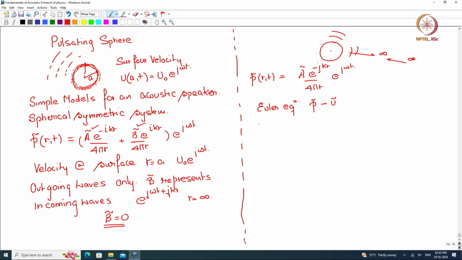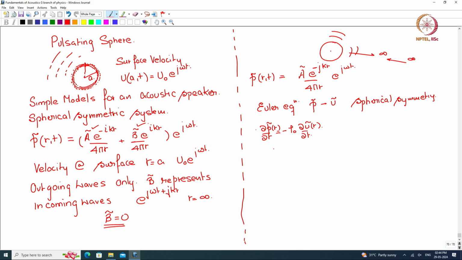So now that we have spherical symmetry, the Euler equation is del P tilde by del r is equal to minus rho 0 del U tilde by del t. Everything is now solely a function of the radius. There is theta phi symmetry.